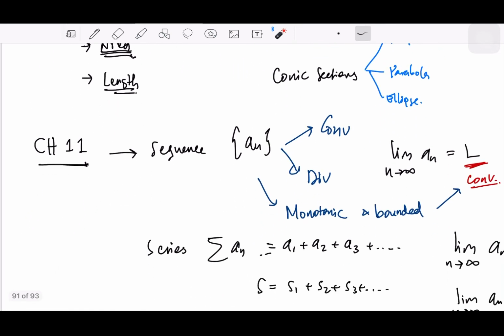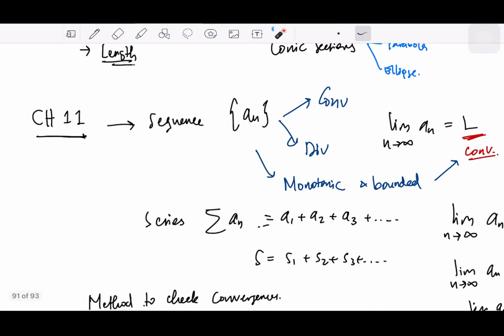Now chapter 11, we start by looking at the sequence, and by doing that we directly conclude whether it's converge or diverge. We have a set of numbers, and if we look at the patterns and they are going to have one finite number, we say that we converge to that number.